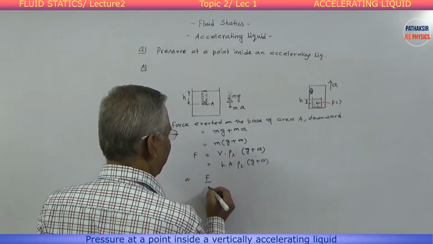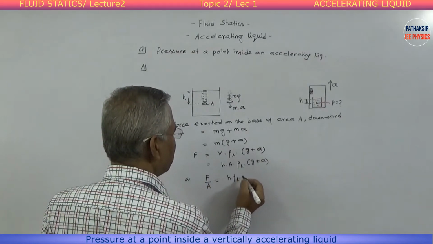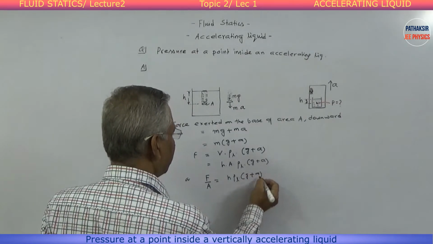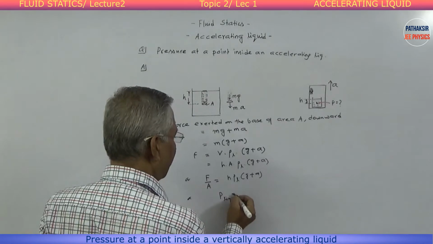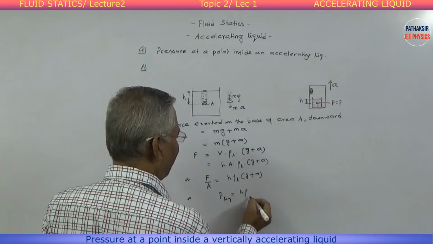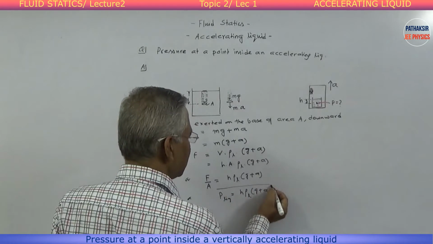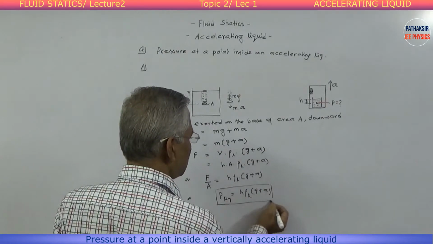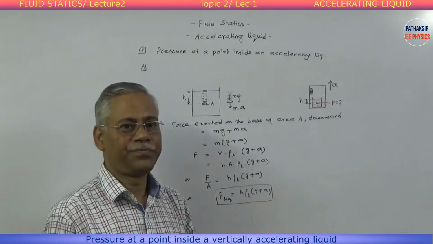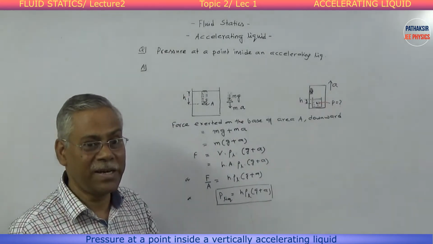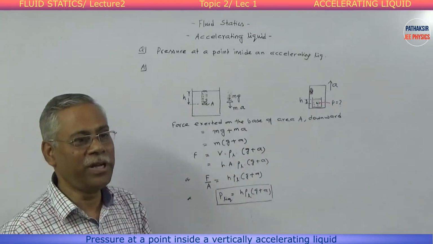Pressure is F by A. So pressure of liquid equals h rho L (g plus a) if the body goes up, and (g minus a) if the body goes down.